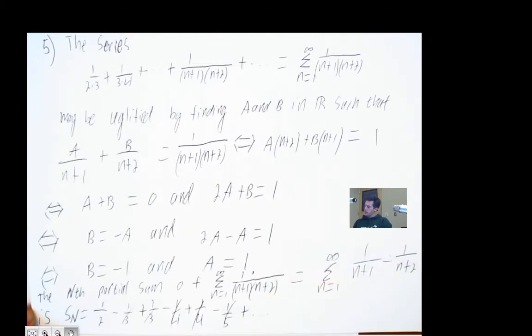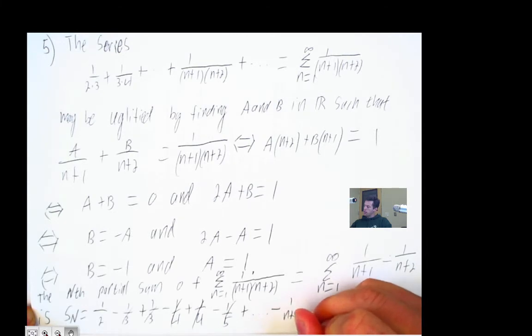And I see that everything's going to vanish except for that last term, right? Every time I write a new term, the first part of that new term cancels the second part of the previous term. So the only thing that's going to survive this process is the first term in the whole partial sum, 1/2, and the last, which will be minus 1 over n plus 2.